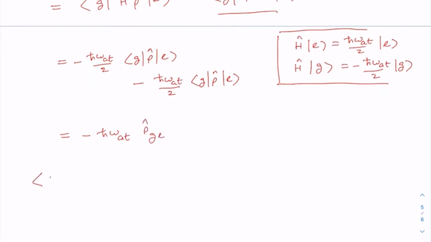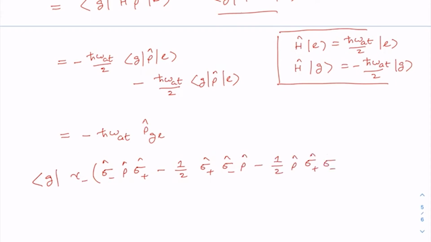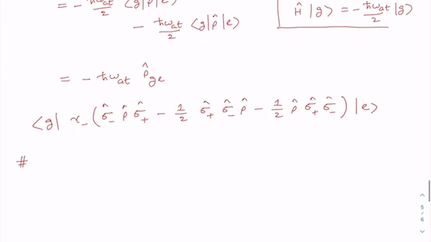Now let us work out this term: Z gamma minus sigma minus rho sigma plus minus half sigma plus sigma minus rho minus half rho sigma plus sigma minus. Let us do it term by term again. First of all, this one, Z sigma minus rho sigma plus E, as you can see, would be equal to 0, because sigma plus operating on the excited state has no more excited state to raise it to, so this gives us 0.